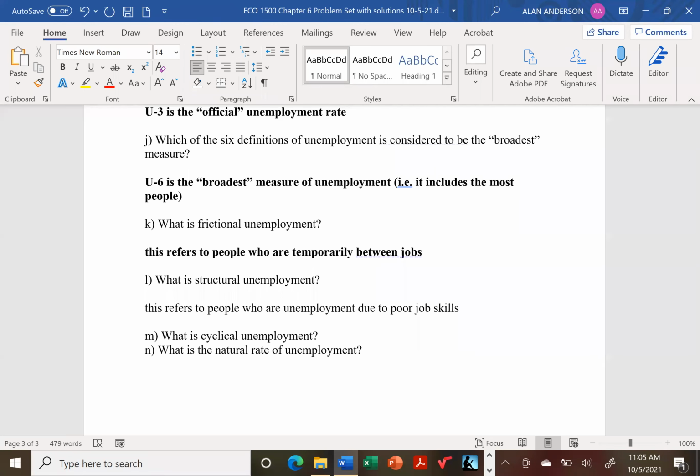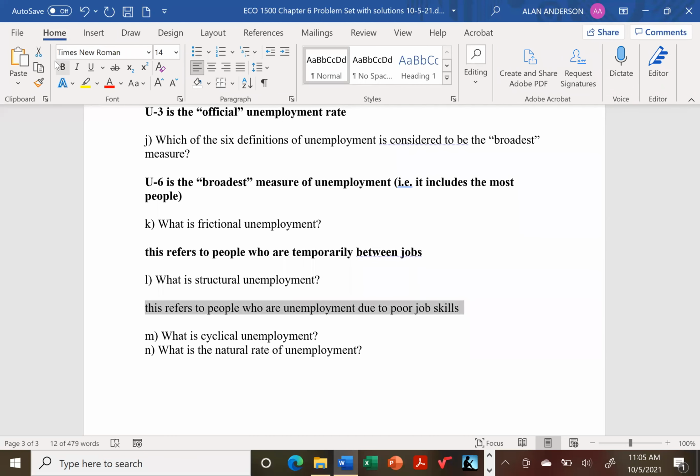You don't have a good skill set. Maybe you are a high school dropout and nobody wants to hire you. Maybe you have been in jail and nobody wants to hire you. There are a lot of reasons why employers might shy away from you. But the idea here is that it is not because of the economy. It's because of your own lack of marketable skills.